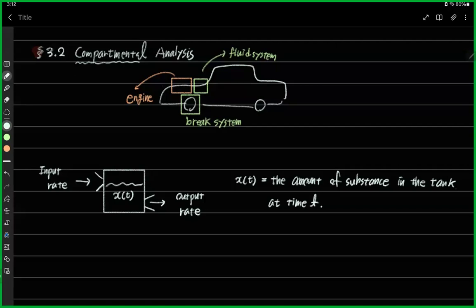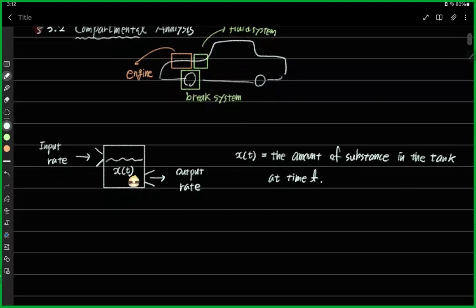So to figure out x of t, we need to adopt a physical law. That is the conservation principle.